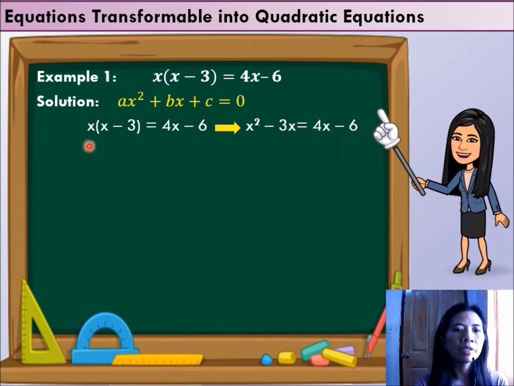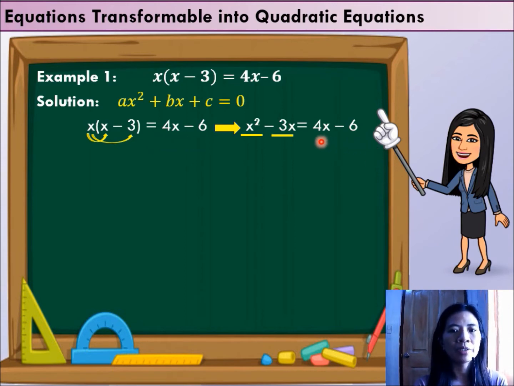We distribute x to the quantity x minus 3. So x times x is equal to x squared, then x times negative 3 equals negative 3x, and then equal to 4x minus 6.